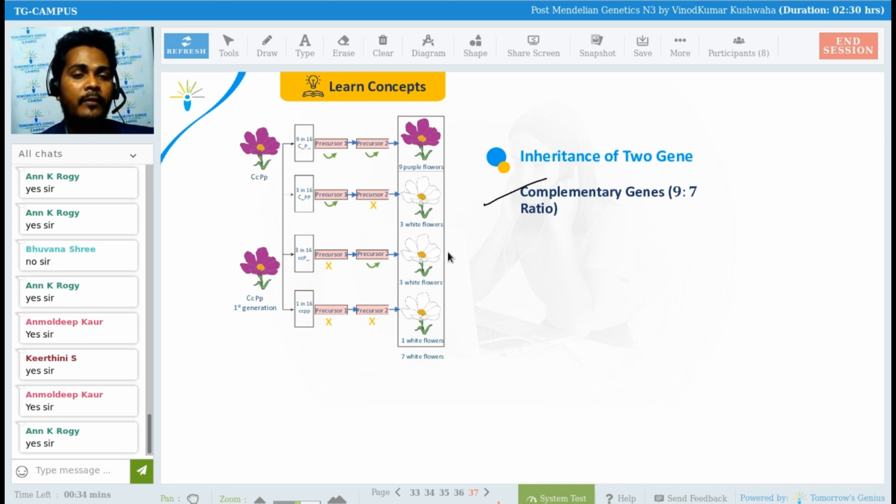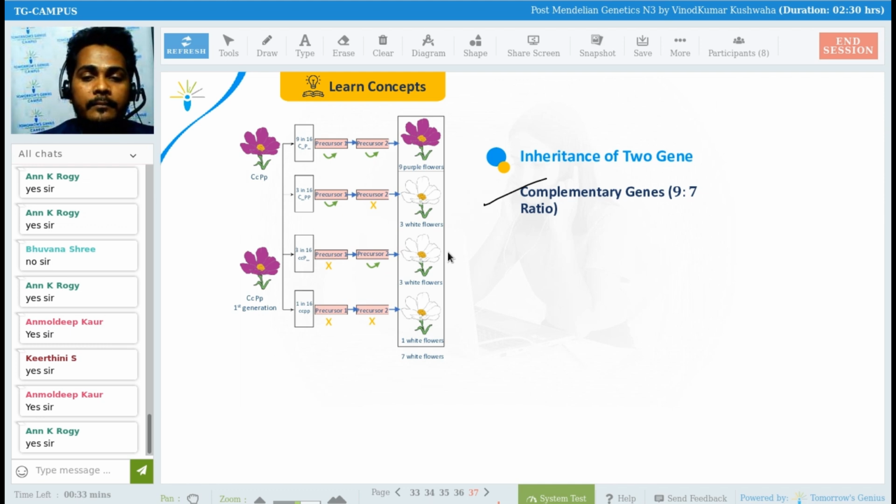Complementary genes were first studied by Bateson and Punnett, of Punnett square, right? They studied it in the flower color of the sweet pea, Lathyrus odoratus. Here you can see the flower is also represented, so it is observed in this particular plant.